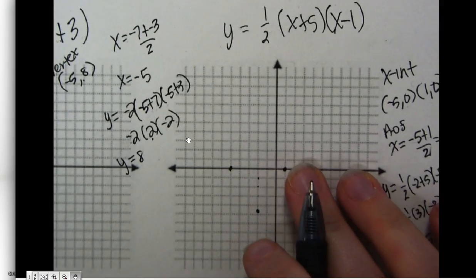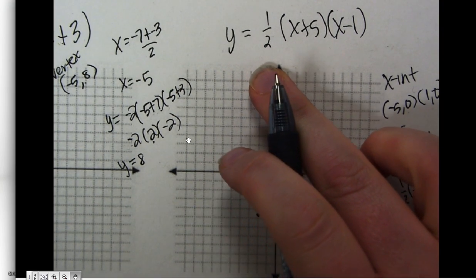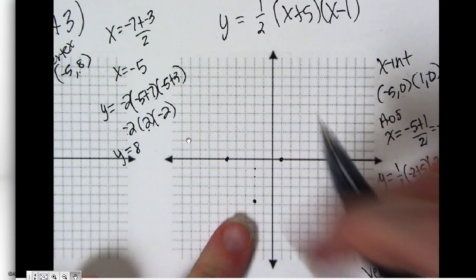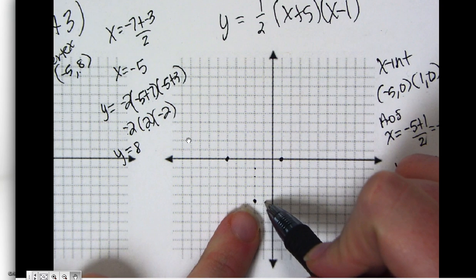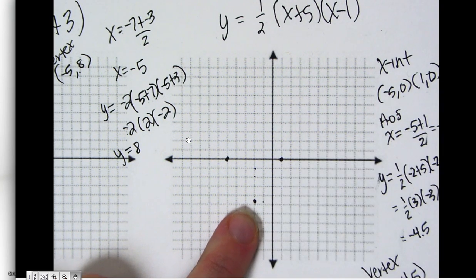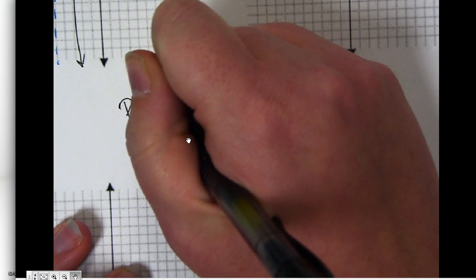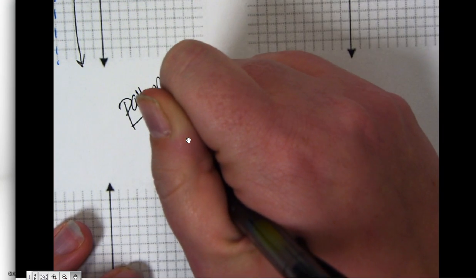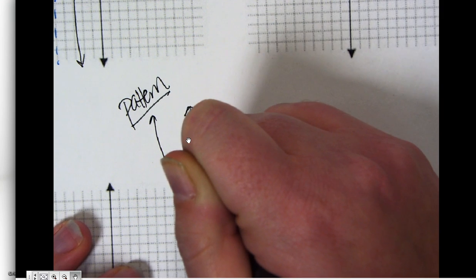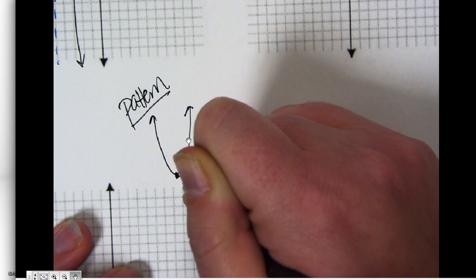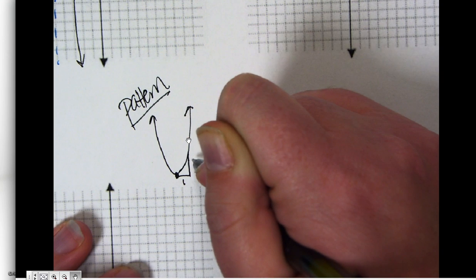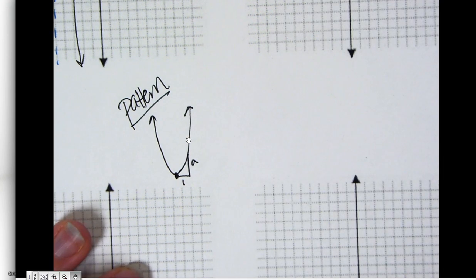Let's use our stretch factor to find a few additional points on our graph. What that stretch factor tells me is if I go right by 1, how much I'm going up. So here's the pattern that I'm using with that a value. On a parabola, if you're at the vertex, when you go right 1, you go up by that value of a.